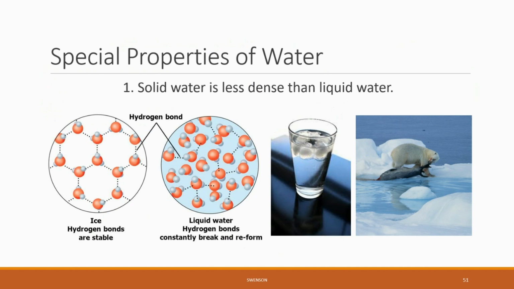This is an incredible property of water, because as a consequence of this, our lakes don't freeze from the bottom up. Instead, you get a nice ice layer on the top, and the liquid water on the bottom is insulated from the atmosphere and can stay liquid for longer.